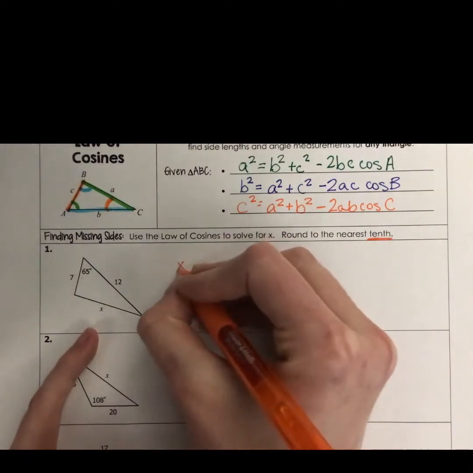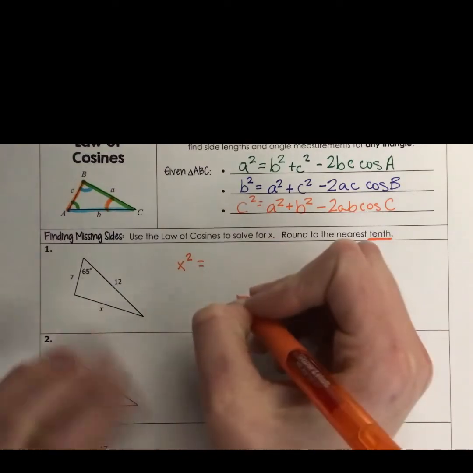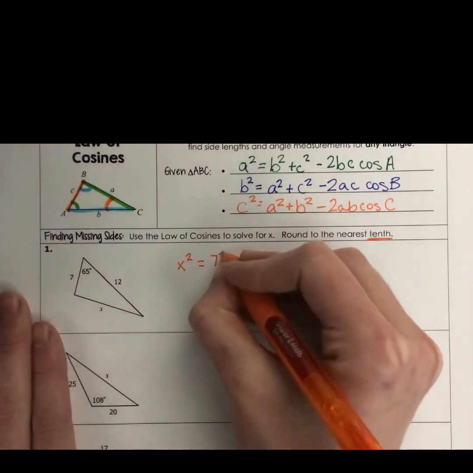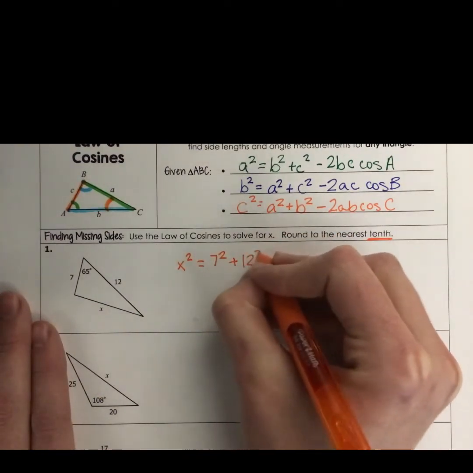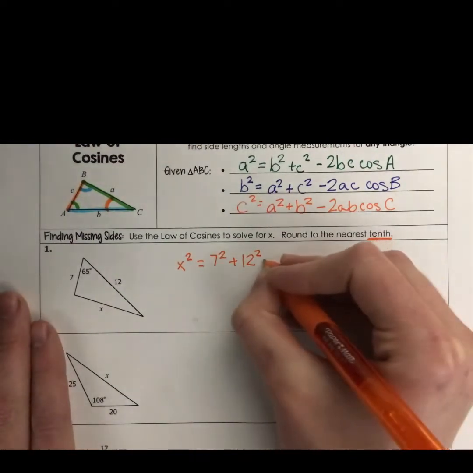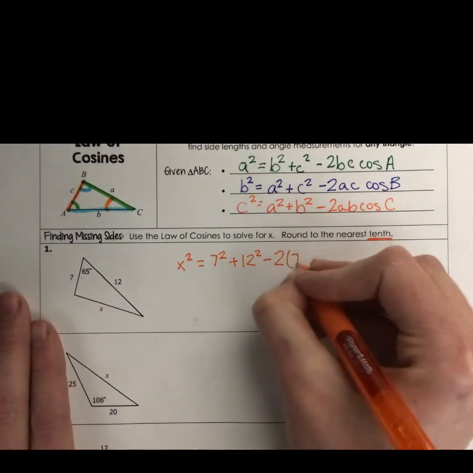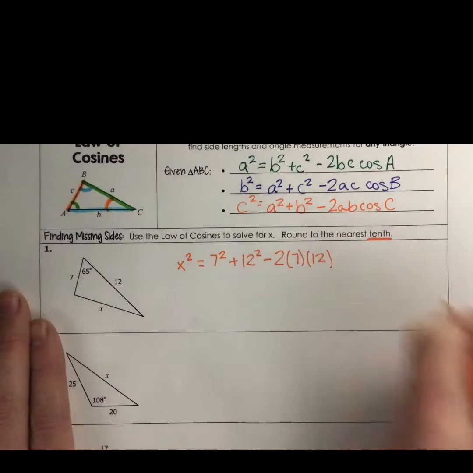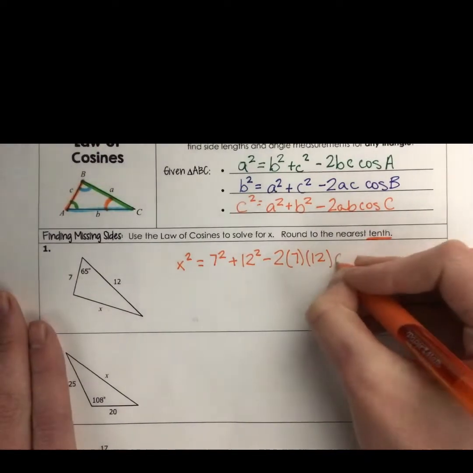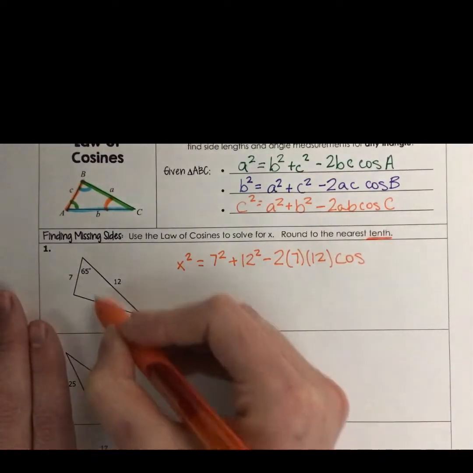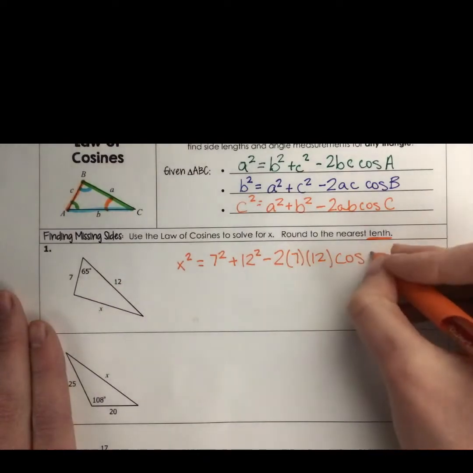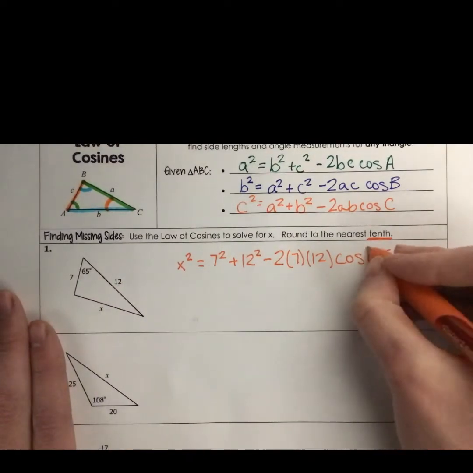We're just going to have x squared, and that's equal to my two other sides, 7 squared plus 12 squared, minus 2 times 7 times 12, and then the cosine of the angle, since it's the opposite one there, 65.